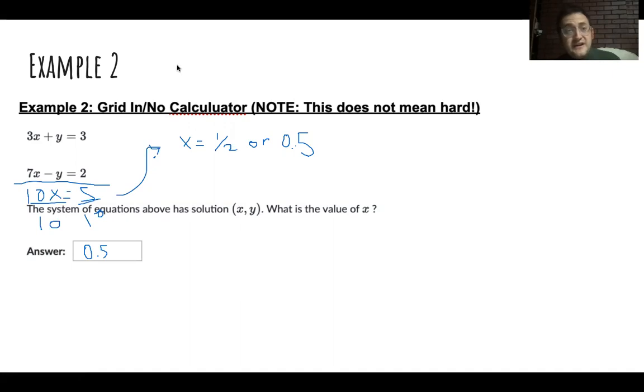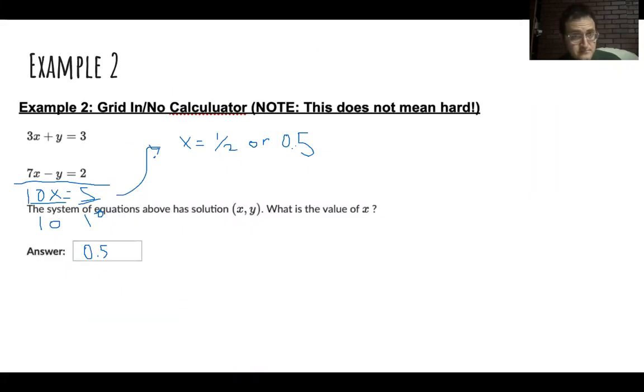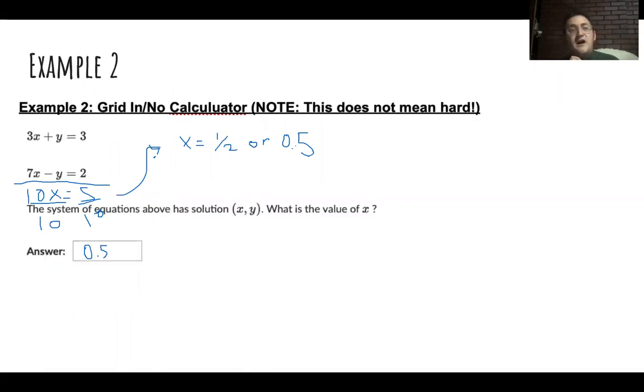What we're going to see in the next part is a variation of this type of problem. So we may be asking, what is the value of y?